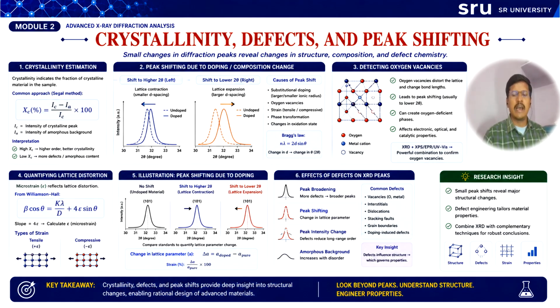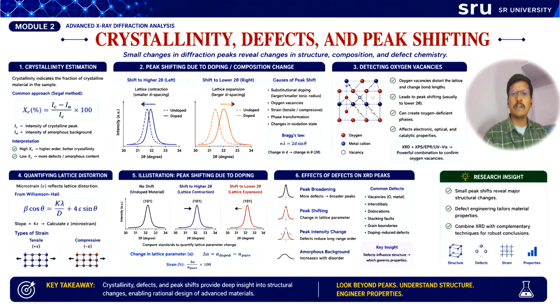Let us say the atomic radius of the doped element is higher than the host crystal atomic radius, then the diffraction peaks will move towards the lower angles. That indicates the lattice was expanded, so the lattice parameters also increase.